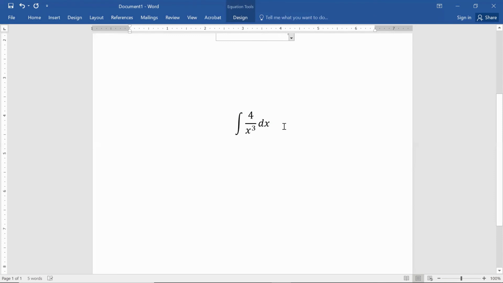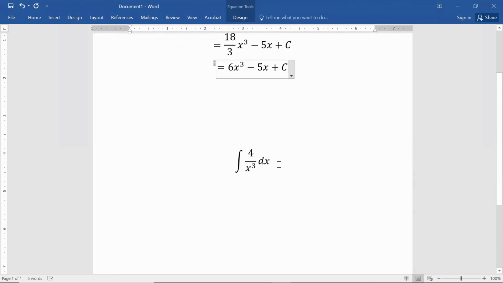In this scenario where we have 4 over x to the third, don't get confused. 4 over x to the third, we're not going to be dealing with natural log because this is not an x to the negative 1 power. This is an x to the negative 3 power.